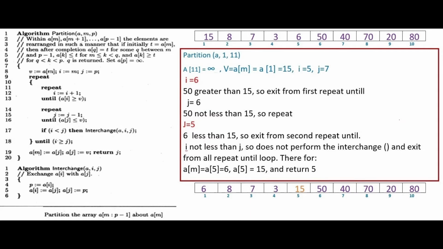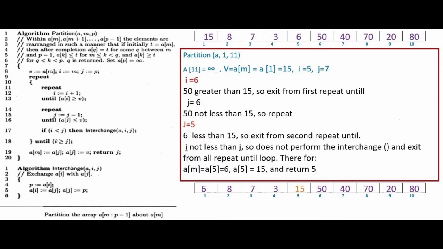I is not less than j. If I is less than j, there is a condition, but here I is greater than j. So we do not perform any interchange operation and exit from all repeat until loops.